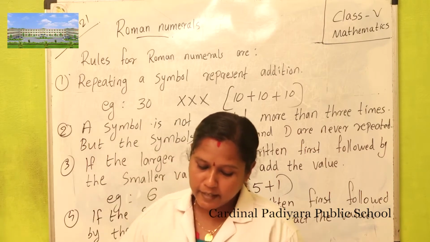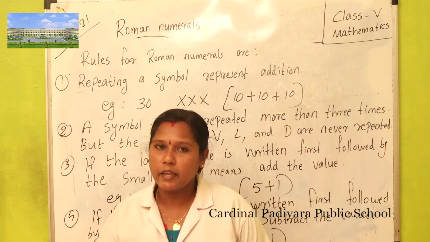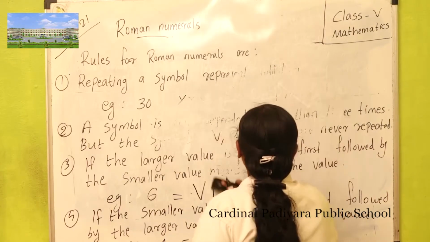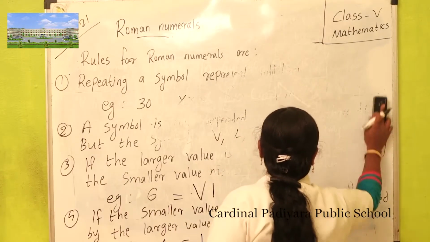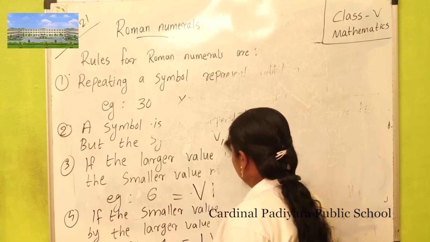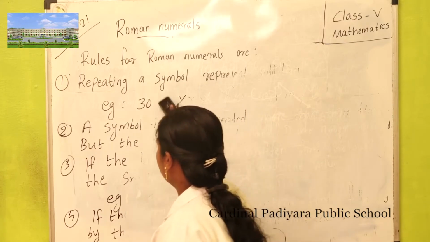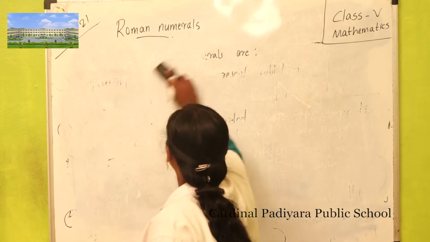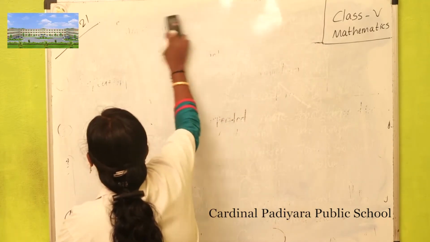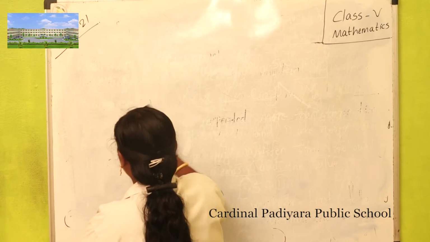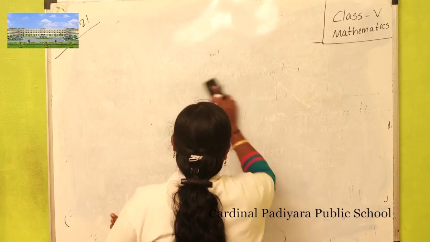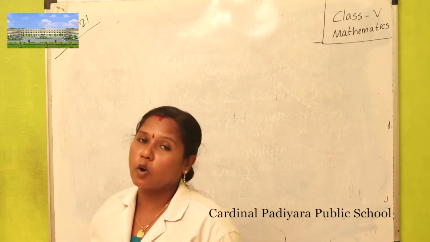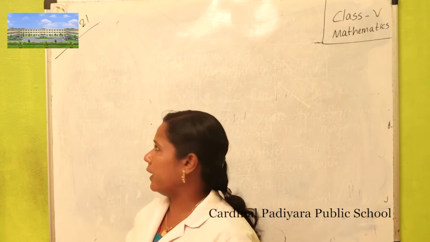Next, exercise questions. Exercise 1E. First one, write the Roman numerals from 1 to 10.